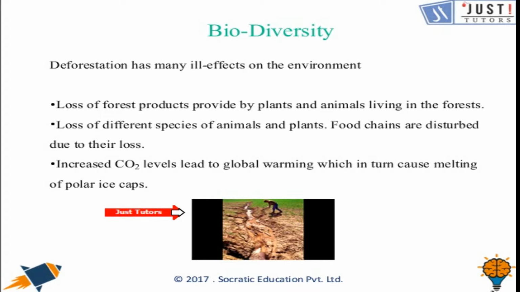Tribals who are living in the forest lose their habitat, and soil is eroded easily by wind and water, which decreases the soil quality. So these were ill effects of deforestation on the environment.